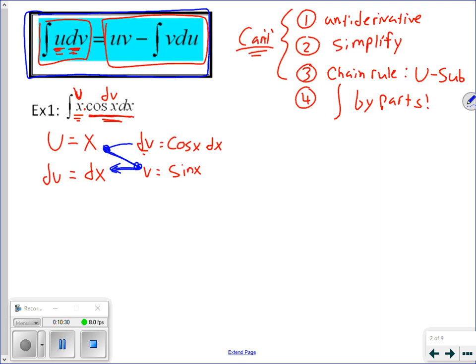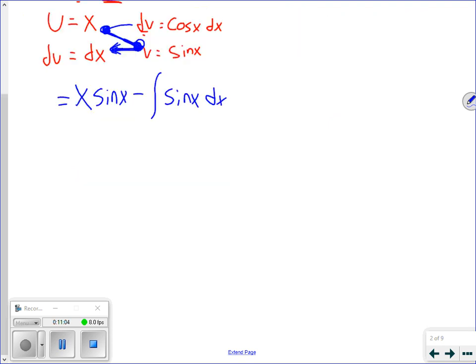Sometimes that helps students if they draw a zigzag to connect the dots here. But again, this integral is equal to u times v, or x sine x, minus the integration of v, which is sine of x, and du, which is dx. So uv minus the integration of v du. You're going to say that a lot, and you're going to be doing it a lot. Okay.